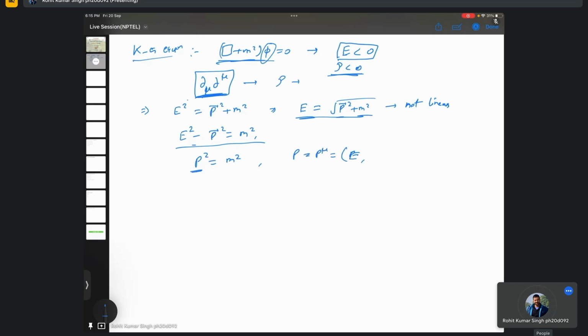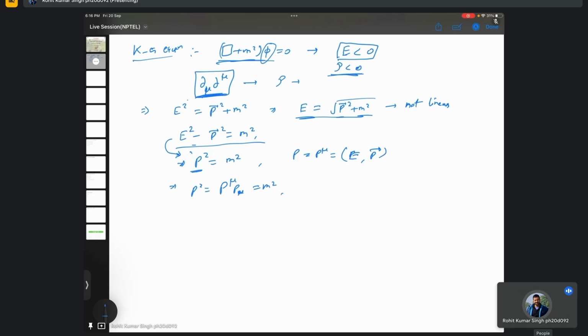So this is written in a condensed form using the 4 momentum. Now what Dirac did is, in a more appropriate form, using the 4 vector indices.